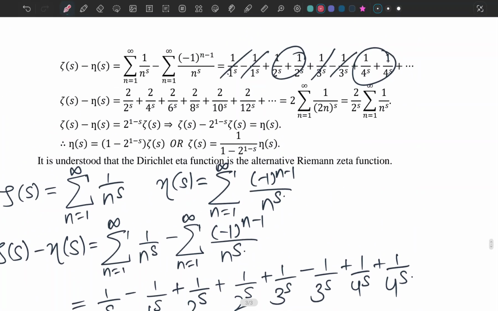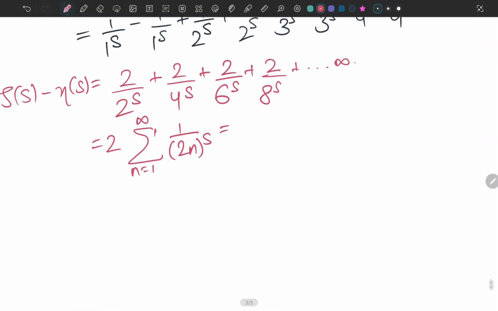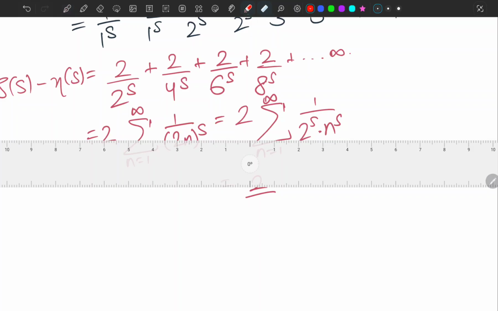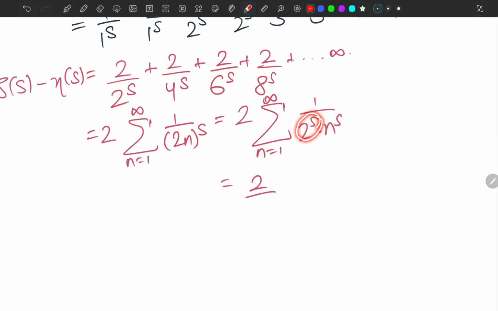Next, we can do this as 2 times the infinite sum as n goes from 1 to infinity of 1 over 2 to the S times n to the S. Since this term is independent of n, it's going to be factored out.